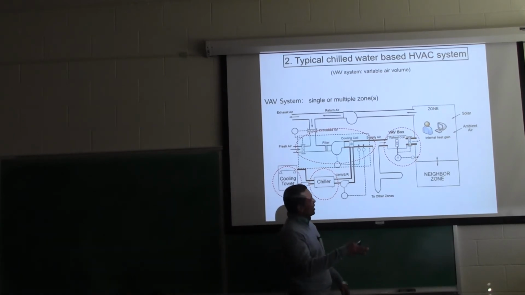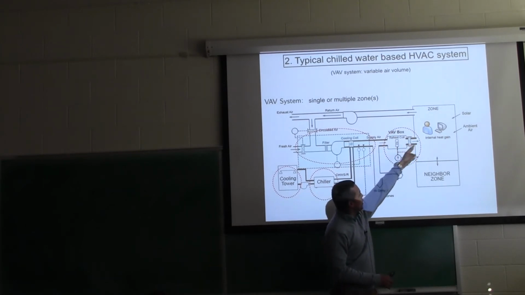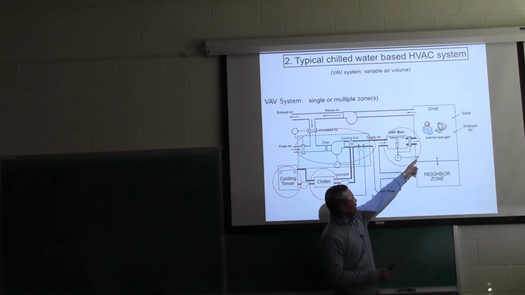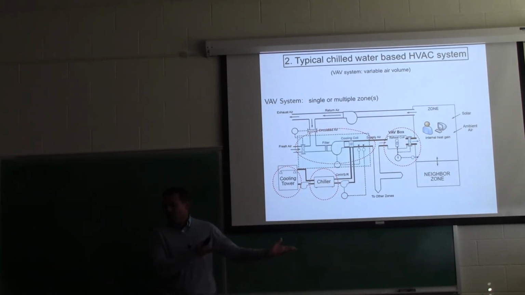Then there's a final level of control at the zone, because you blow that air, and there is a feedback control loop that looks at the temperature of the room. If the temperature is too high, blow more air, because this air comes in cold. If the temperature of the room is low, then blow less air, and less and less, but it cannot be 0.